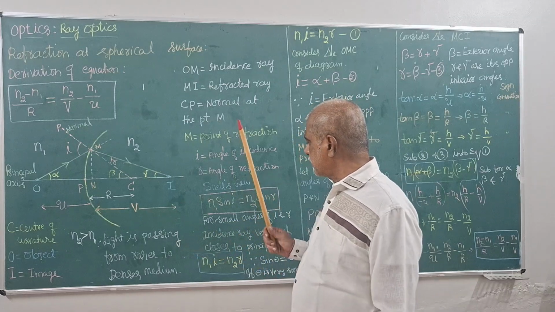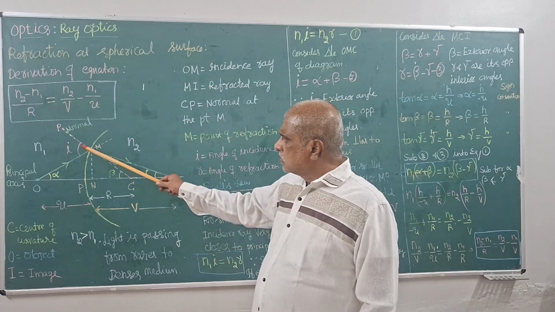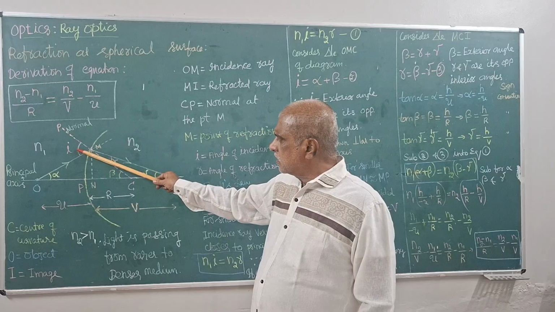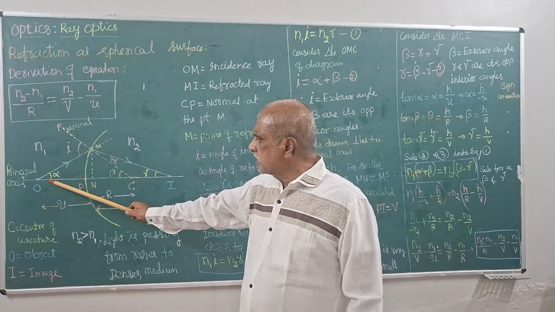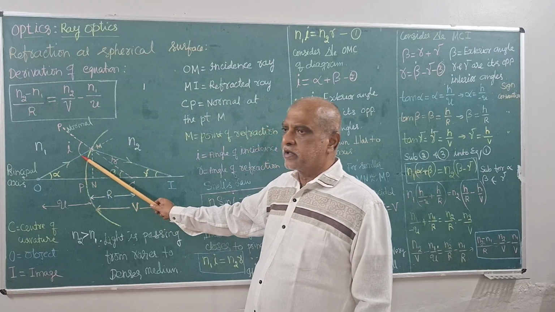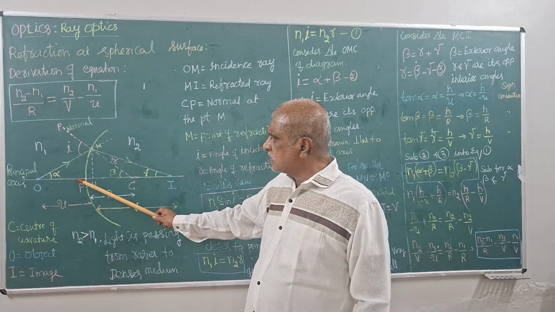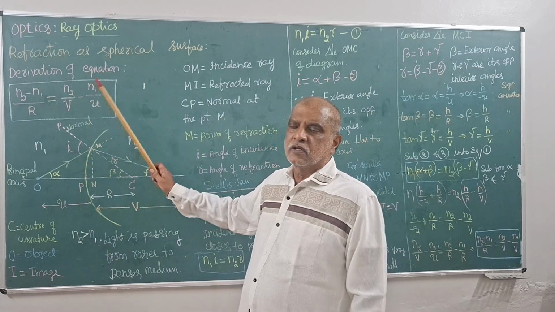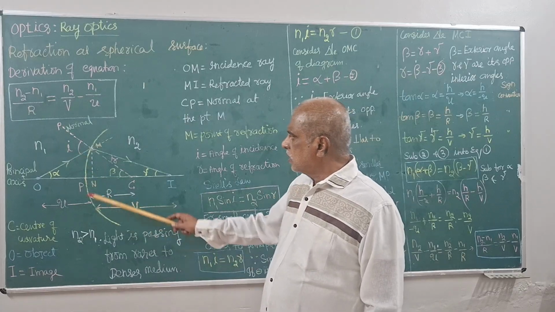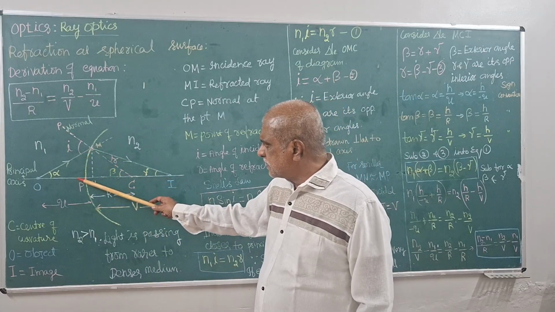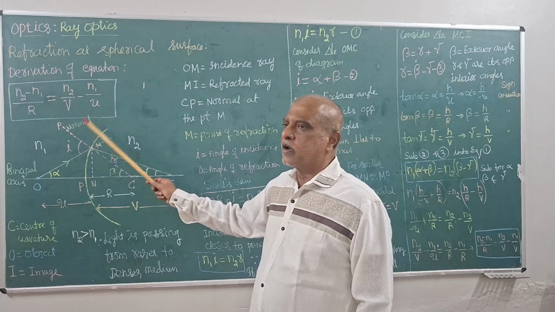Very important, this point. This angle I depends on the inclination of this incident ray. If it is away from the principal axis, angle I is greater. If it is closer to the principal axis, angle I becomes smaller.